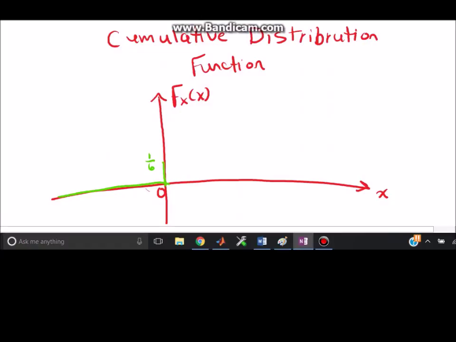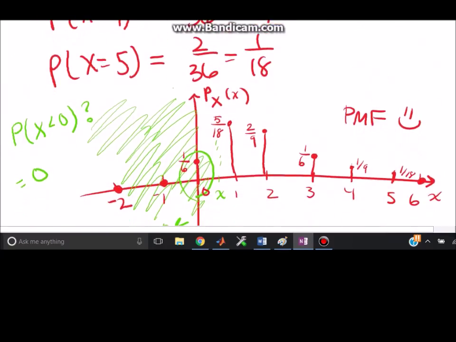Okay, let me just label all these now. It's 1. This is 2, 3, 4. So until we get to 1, this should remain at a constant of 1/6. Then something happens at 1. At 1, we see a probability measure of 5 over 18.